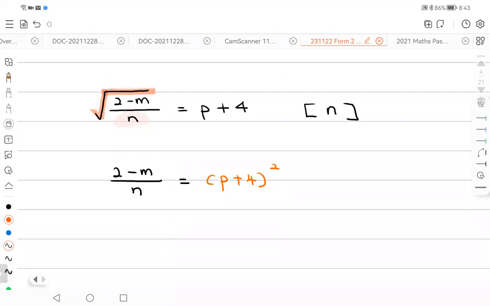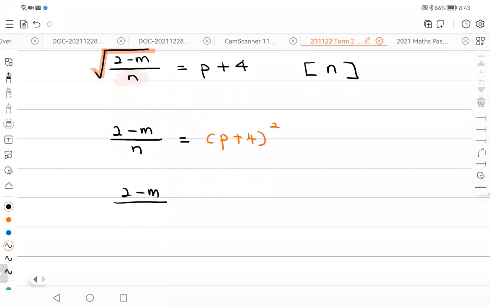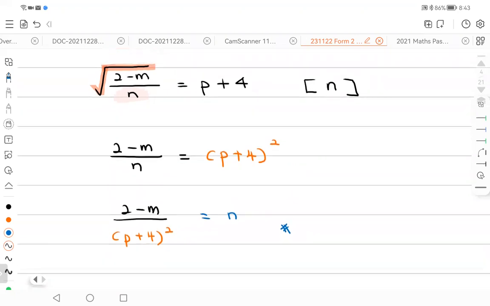So it will be 2 minus m over, bring down the whole thing, p plus 4 in bracket square, equal to n. And this is the answer because n is alone already. n has the coefficient equal to 1. So you got the answer. Just two steps. Sometimes you think it's complicated, but if you know the concept, it's easy.